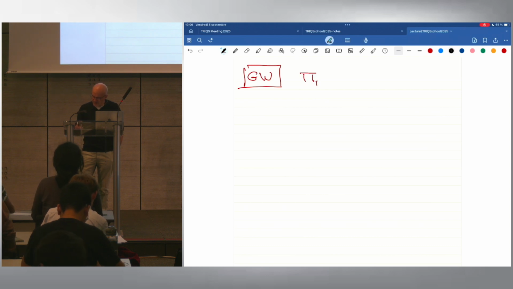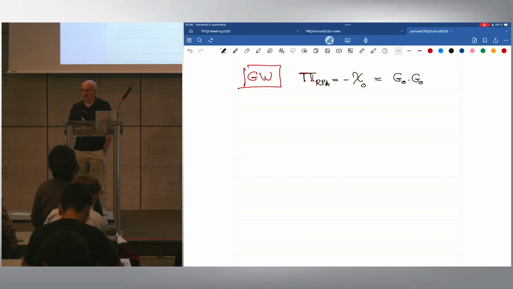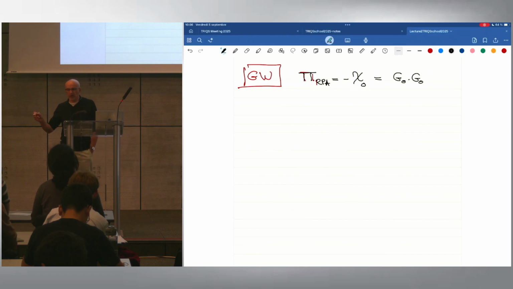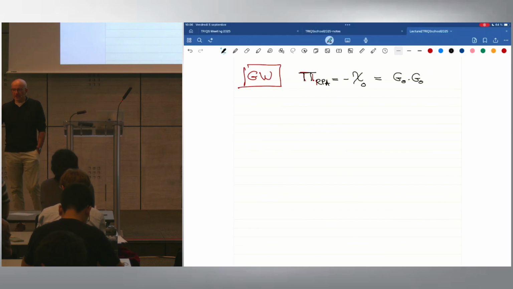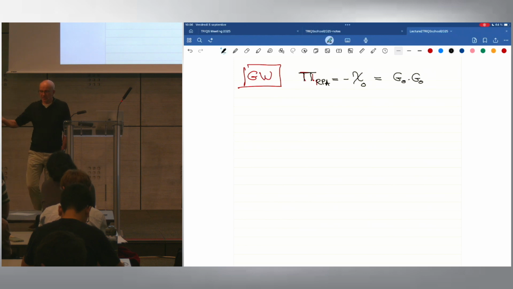Pi RPA, right, was given by minus the Lindhard function chi naught, which in colloquial terms is G naught G naught. Again, this expression is a bit of a shorthand. It's a direct product in real space. So it's G naught of R prime T, G naught of R prime R minus T.